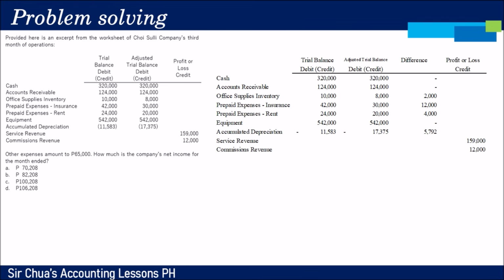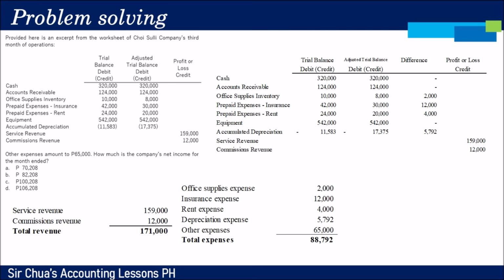Okay, so what we will do is this: get all the revenue first. Service revenue of 159,000 plus commissions revenue of 12,000. That's your total revenue of 171,000. Then all the expenses.